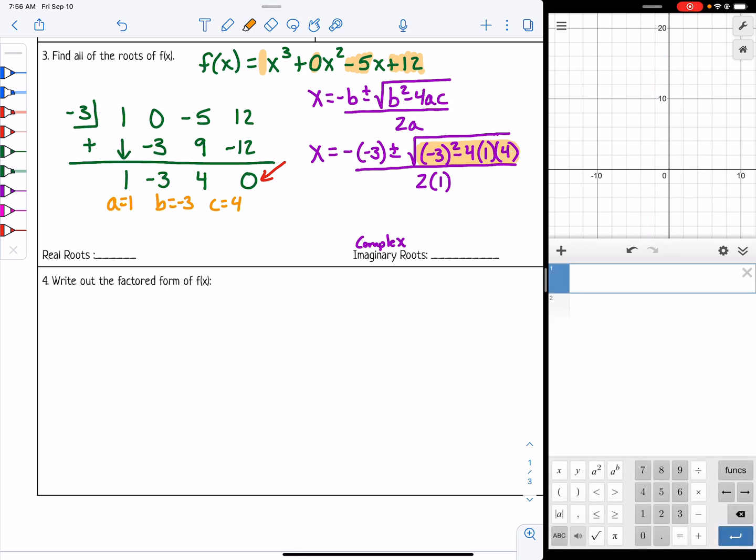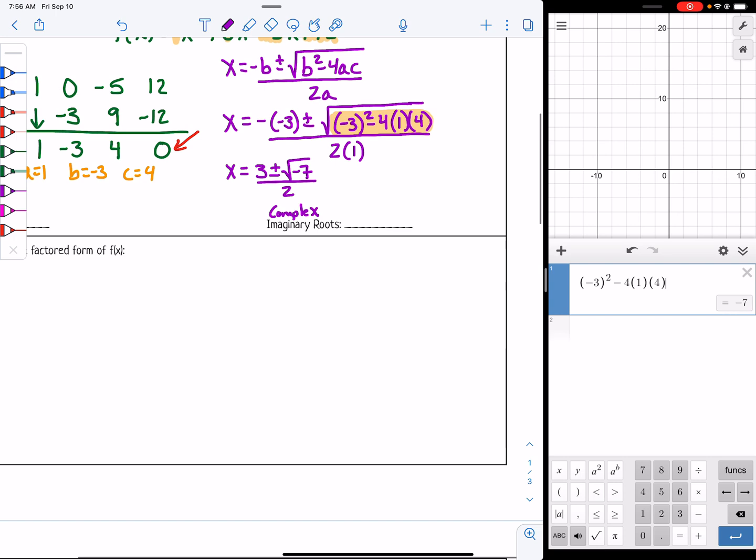Using parentheses to make sure your numbers come out right, let's put in parentheses negative 3 squared minus 4 times 1 times 4. And we end up with negative 7. So let's rewrite the function with our negative 7 filled in. x equals positive 3, because negative negative turns into a positive 3, plus or minus the square root of negative 7, all divided by 2.